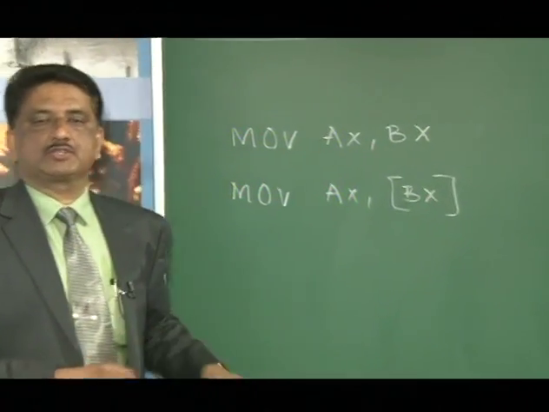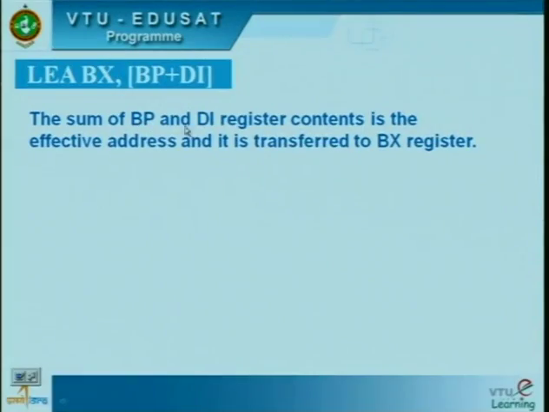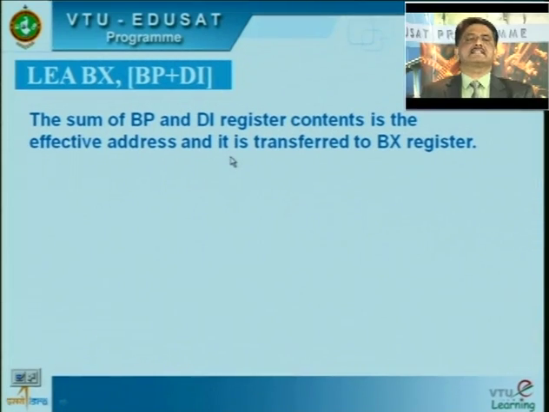Now here also in LEA BX, [BP plus DI], the sum of the BP and DI register contents is the effective address and it is transferred to the BX register. The contents of BP plus DI are copied to BX.